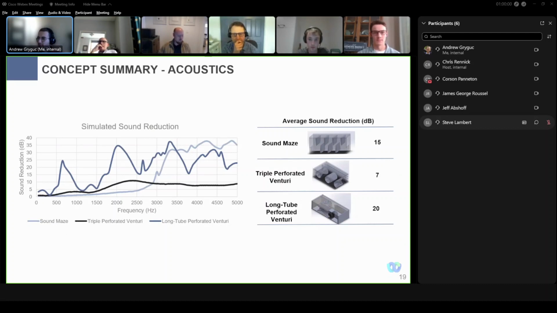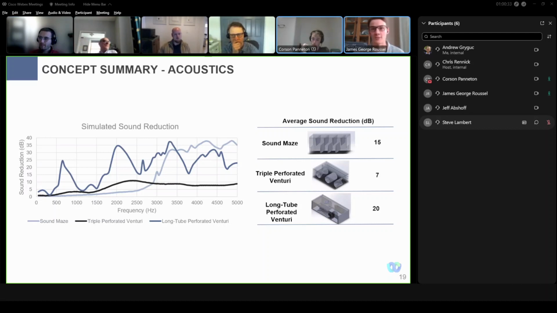The triple perforated venturi is a mix of the two, but I want maybe the multimodal approach and all of the different elements you've incorporated into the design for the long tube perforated venturi. Explain why it's such a flat sound response curve there. Such a flat response for the...? Yeah, was that just by accident, or was that intentionally tailoring each of those different devices inside the larger component?